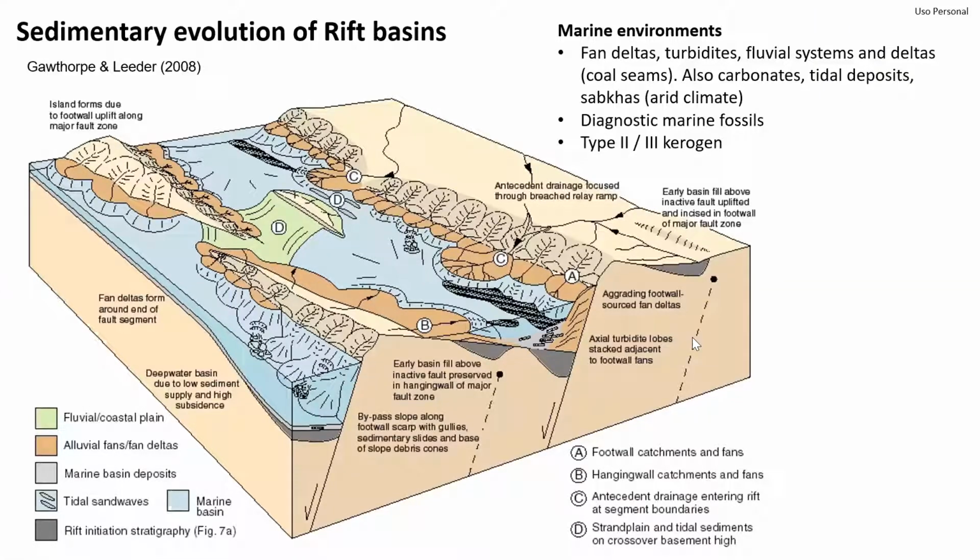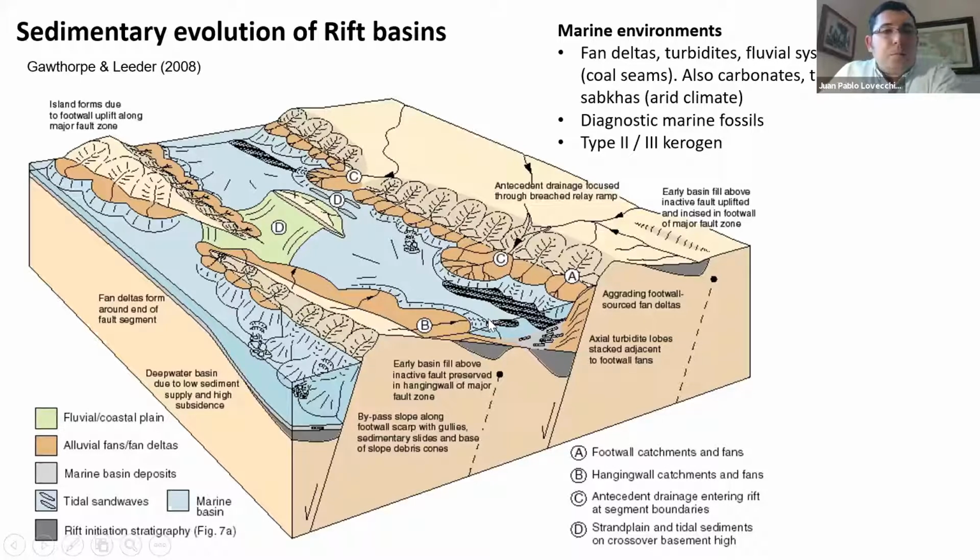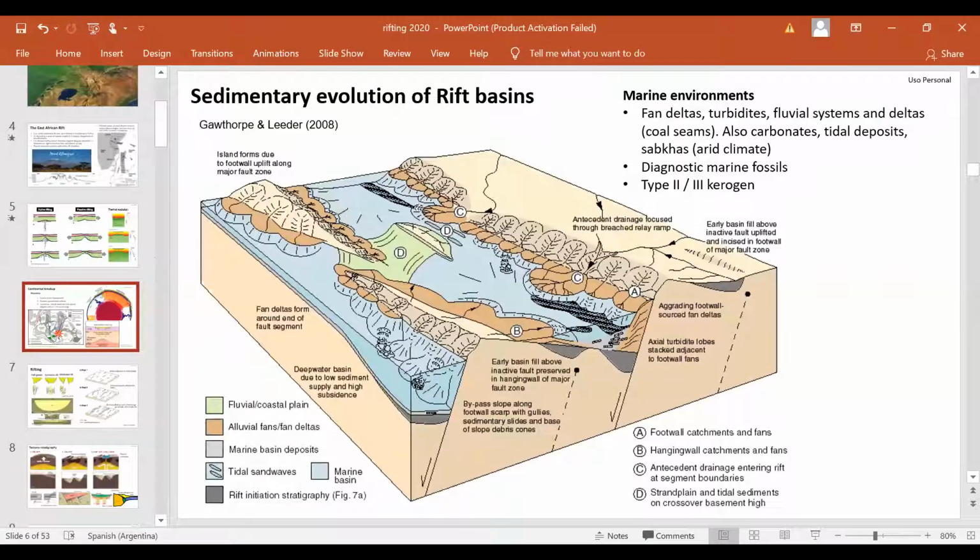Okay, the next question. How big are the rift basins that have gravitational collapse as the dominant mechanism for rifting compared to those formed by active or passive rifting? Okay, obviously we go back to one of the first slides.